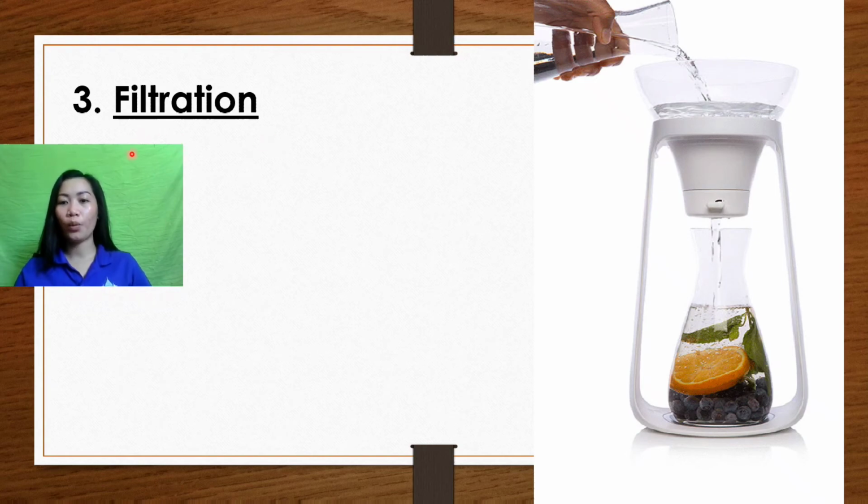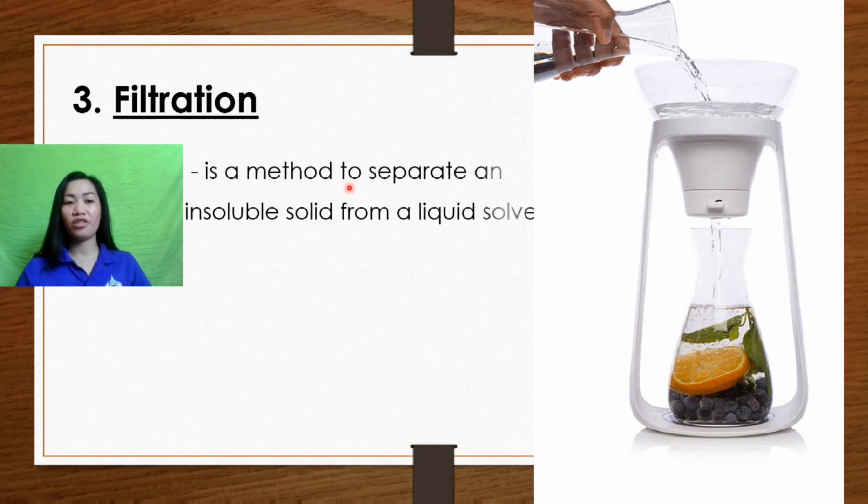Now let's go to the third one, which is filtration. Filtration is a method to separate an insoluble solid from a liquid solvent. So again, this is the solid and then the liquid, and we separate the solid from the liquid solvent, which is water. For example, we can use filter paper to filter small amounts of solution, or we can use cloth.